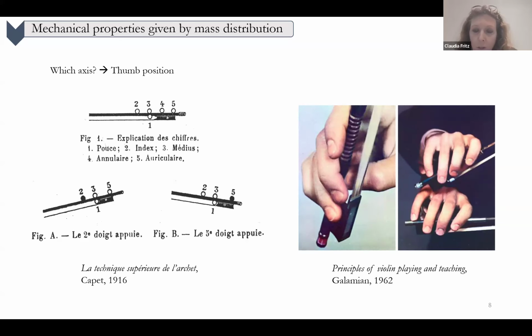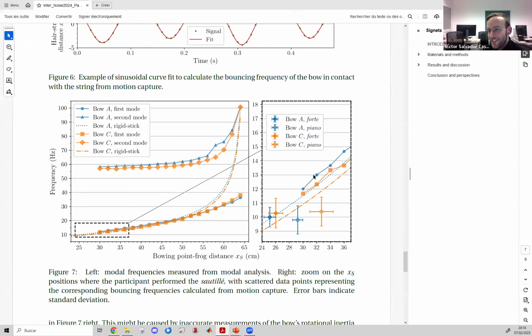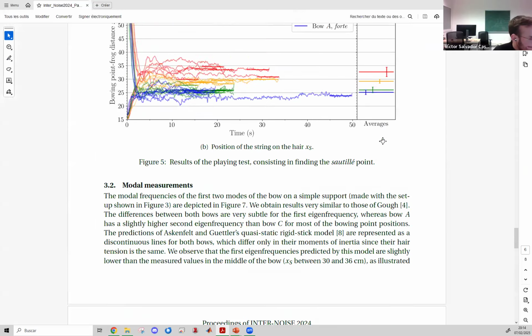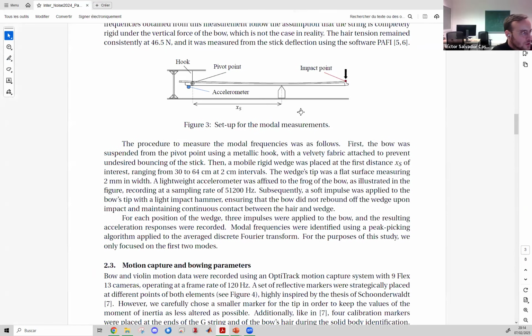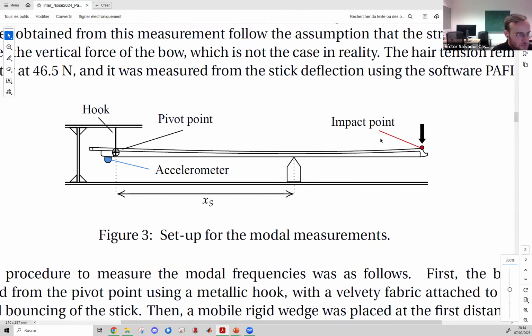Don't you have the graph somewhere that you could show? Yes, I was wondering if it was a good idea to show that, but I fear there will be many more questions. But yes, we measured with these two bows the modal behavior of the bow under this constraint of string contact between the hair and the string.